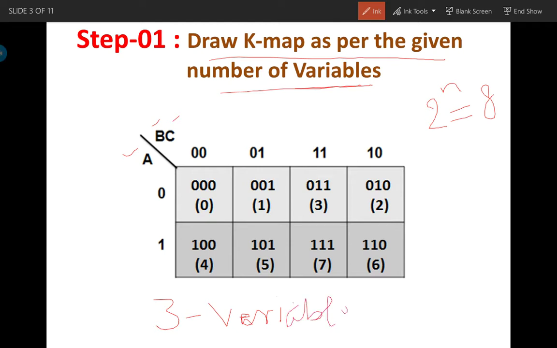That is drawn here, and all the cells representing the min terms are also shown here.